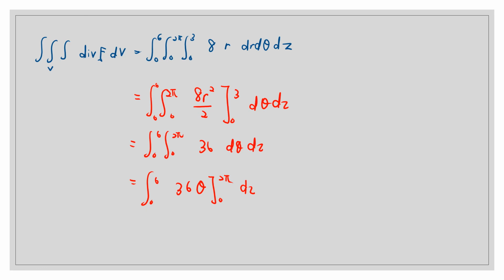Substitute 0 and 2 pi, you will get 72 pi dz. Lastly integrate with respect to dz, we will get 72 pi z. Substitute 0 and 6, we will get 432 pi. So now we have verified the left hand side equals the right hand side.